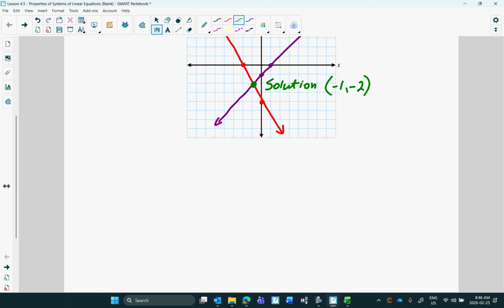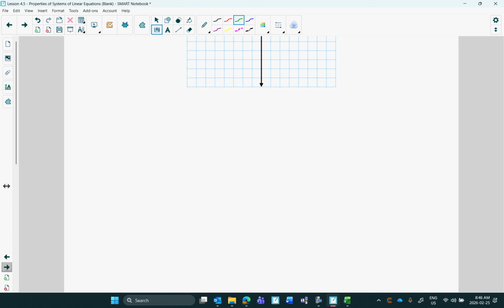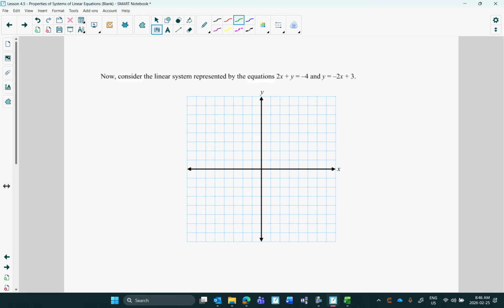Next one. Okay, so I'll just do it quickly again. That's the same equation as last time, so -2 and -4. And then y equals -2x plus 3: 2, 1.